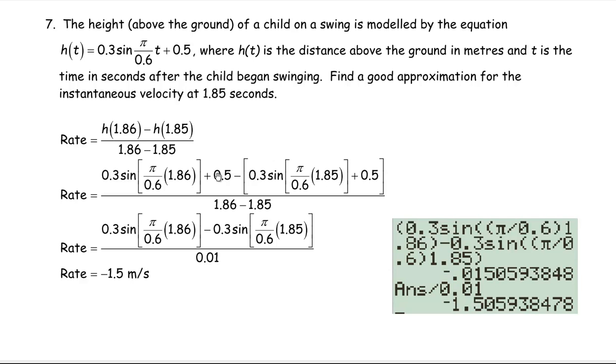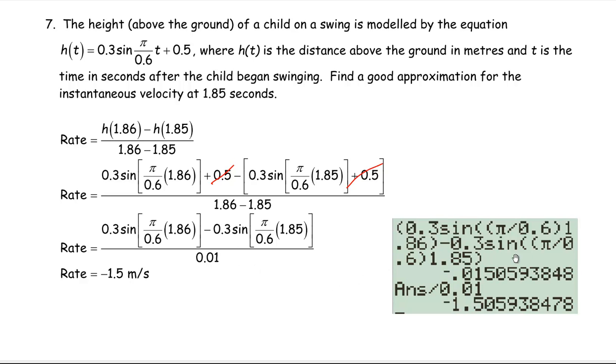These 0.5s are going to add to 0, because when I take the brackets off, this would be minus 0.5, so I have 0.5 minus 0.5. So those are actually gone. That's why you don't see them on the next line. So basically it's 0.3 times this sine minus 0.3 times this sine. And of course the 2 times subtract to 0.01 seconds, 1/100th of a second.